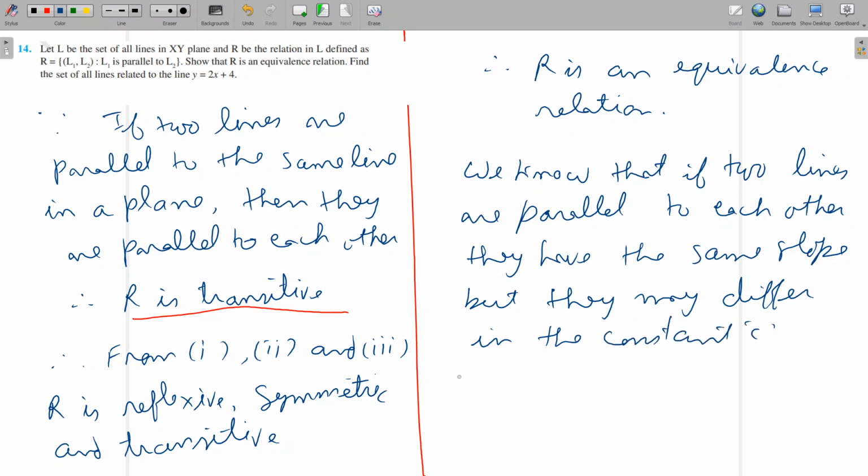Suppose line L is here, y equal to 2x plus 4. And suppose L1 belongs to R. So if L1 belongs to R, then we'll have L is parallel to L1.